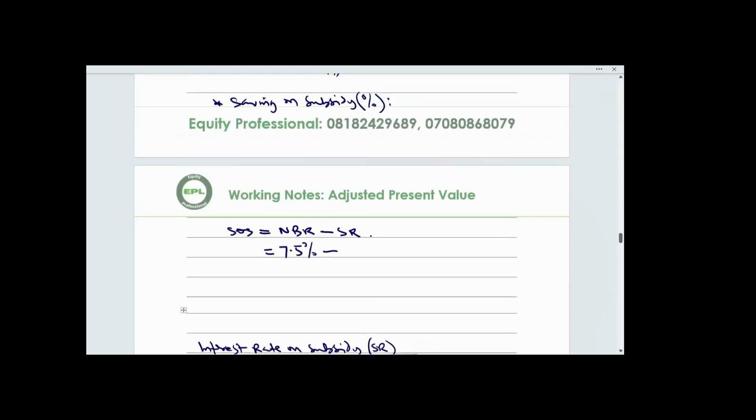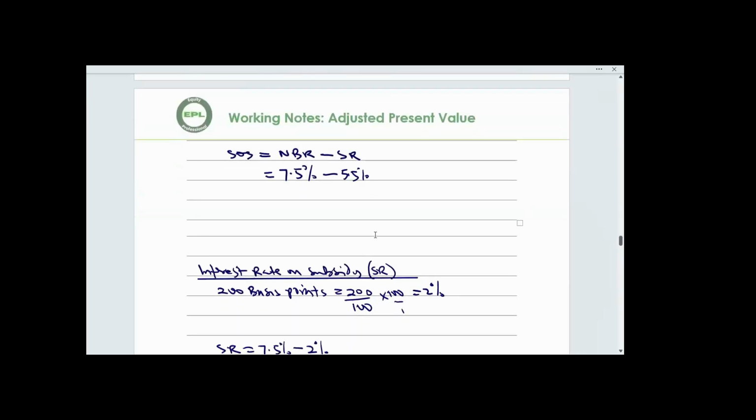So 7.5 minus 5.5, we have a saving of 2%. SOS is 2%.